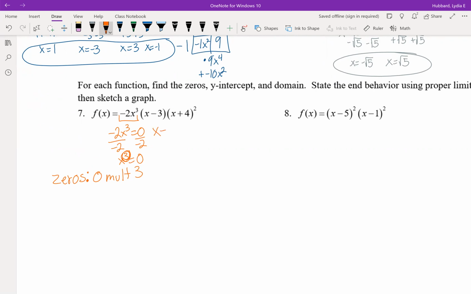If I set the second one equal to 0 and solved, I would get that x equals a positive 3. So that will go on my list. And if I set the third factor equal to 0 and solved, I would get that x equals -4. But because it's happening to the second power, that would be -4 mult 2.